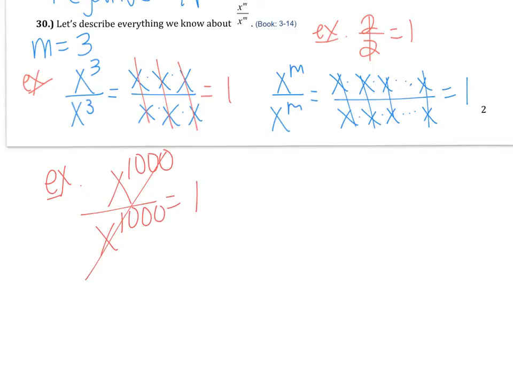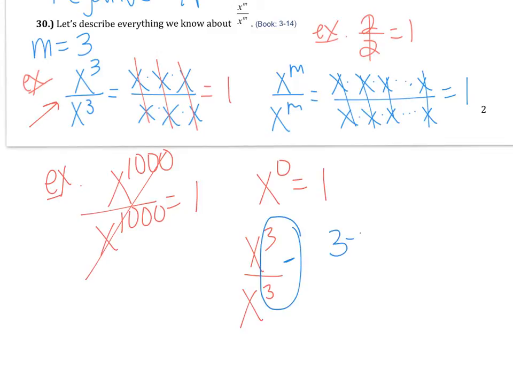So we're going to start talking about the exponent 0. Anything to the 0 power, for example x to the 0, is always going to equal 1. And to prove this, if you go back to the example that we have up here, x cubed divided by x cubed, if we subtract those exponents using the exponent properties, 3 minus 3 is going to give you 0.